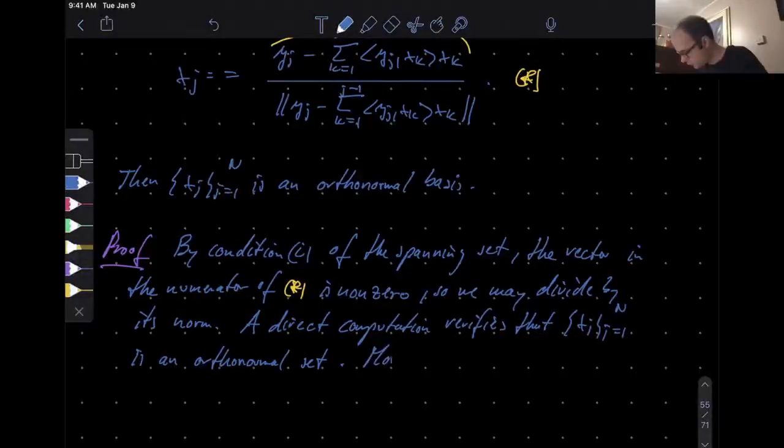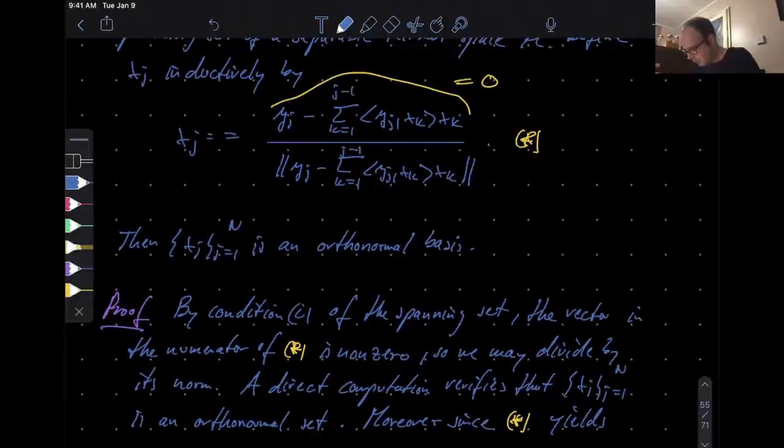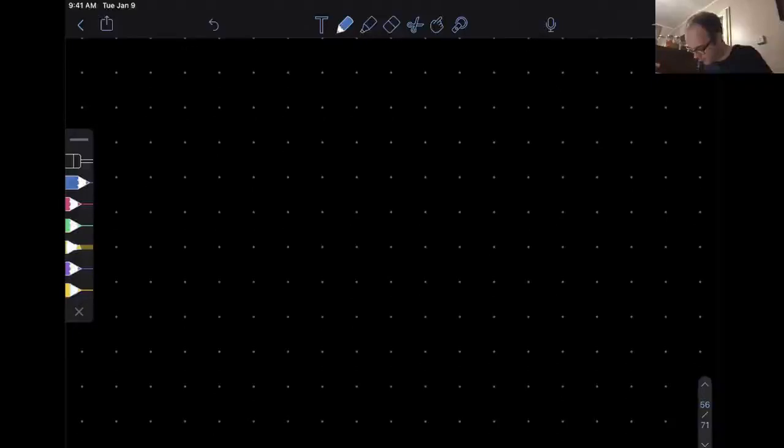So moreover, since star yields, let's do some algebraic manipulation. What I'm going to do is up here, I'm going to move the denominator to the left, and then I'm going to solve for y_j. So what I get is the following.